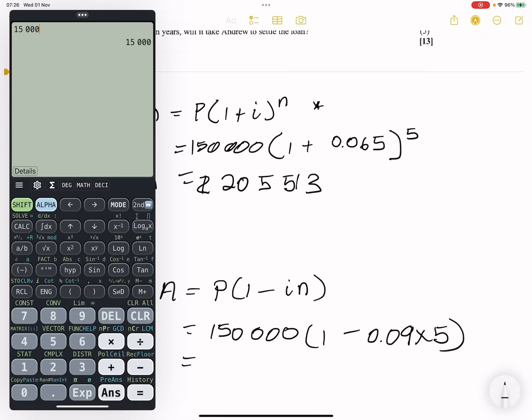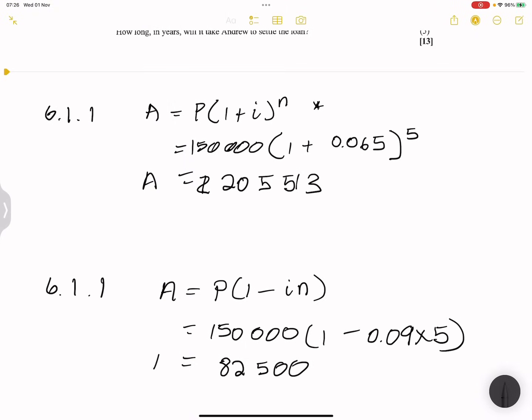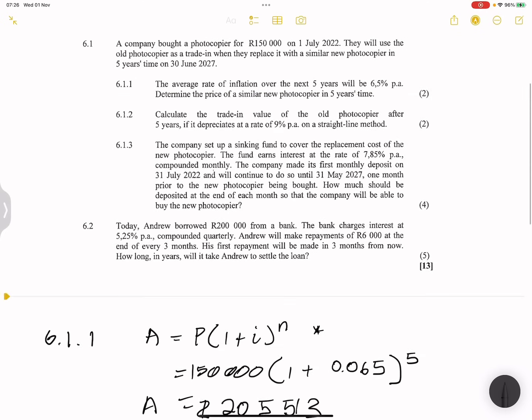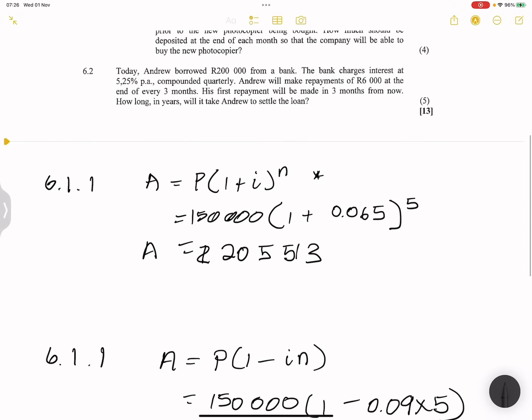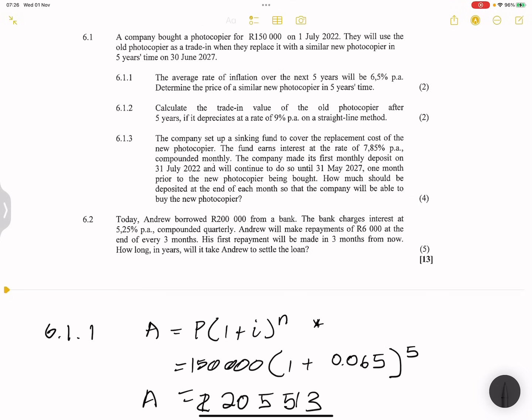That's 150,000 times (1 - 0.09 × 5). So that means it will be 82,500, which means the book value of the photocopier would now be 82,500 in about 5 years' time.